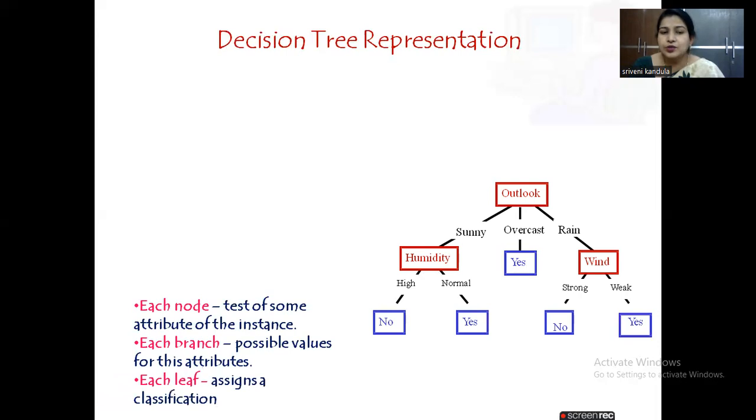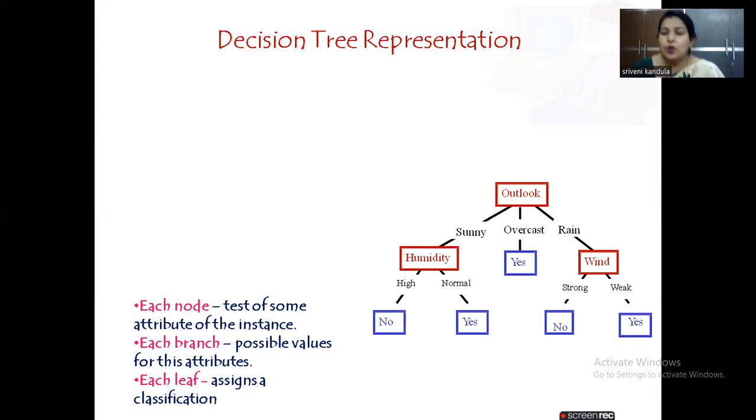Then finally coming to the leaf. Here you can see the leaf nodes. The leaf nodes are always the ones at the last level of the tree. Here the leaf nodes are labeled as either yes or no. So it gives some decision of the target variable, some classification. Okay, so this is how the decision tree is represented.